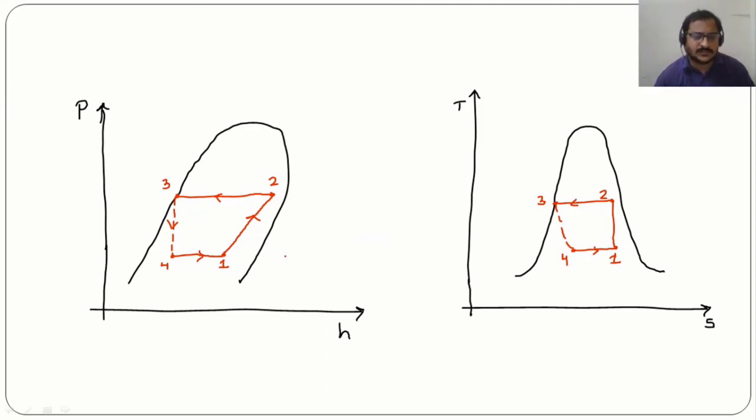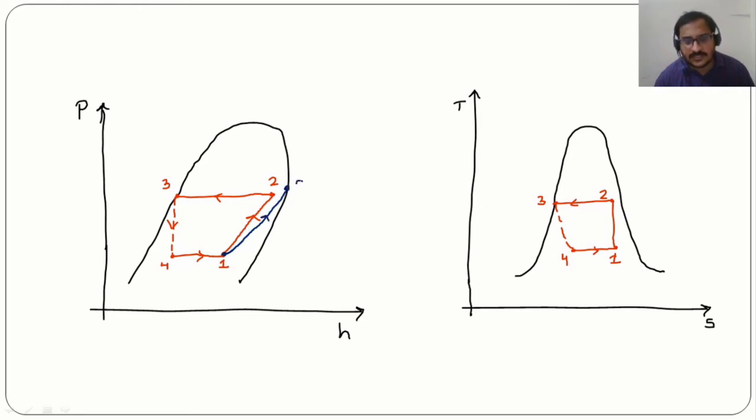Now see, let me consider this entry condition is same in all the three cases. So if we consider entry condition same in all the three cases, then for the second case also, when dry saturated refrigerant is coming out, this condition also will remain same.